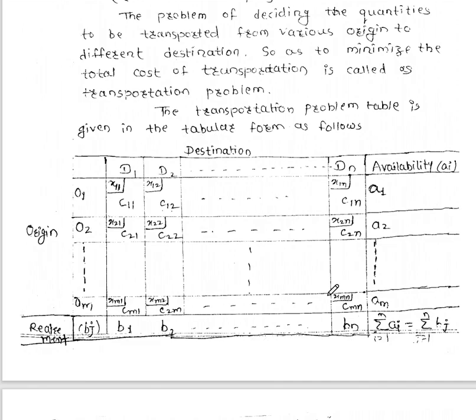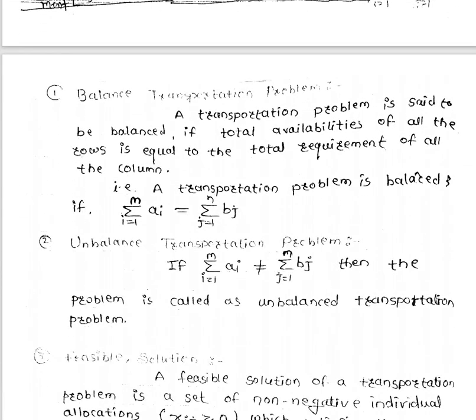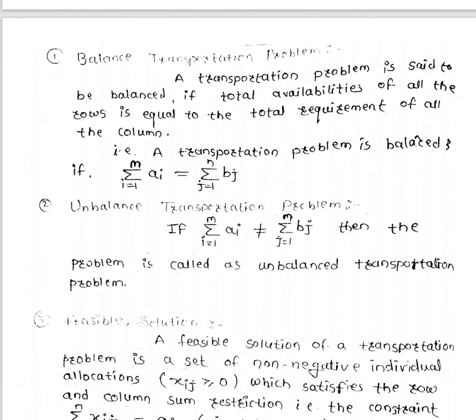Now we will see some basic definitions in a transportation problem. What do you mean by balanced transportation problem? The first definition is balanced transportation problem. A transportation problem is said to be balanced if the total availabilities of all the rows is equal to the total requirement of all the columns.